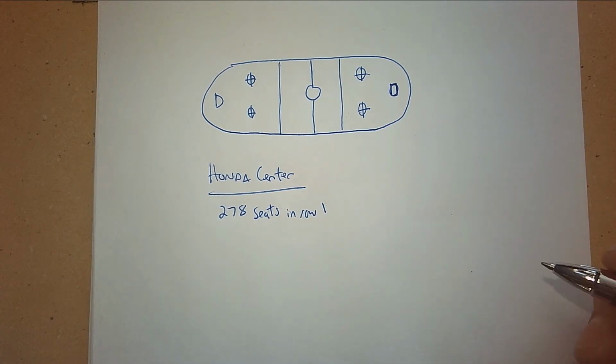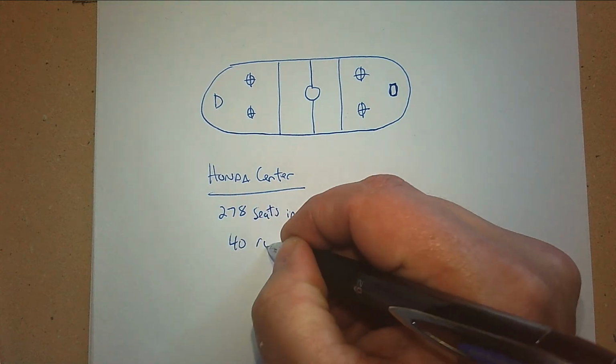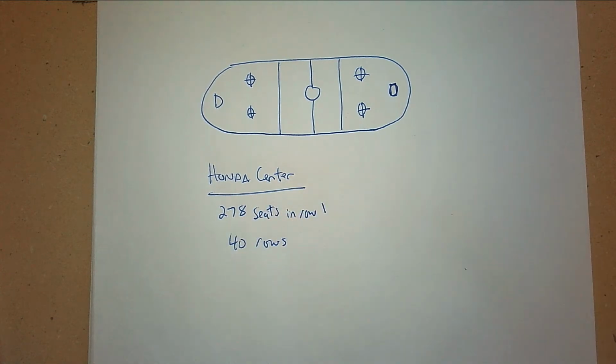The second thing I had to count is how many rows there are to get to the very top of the arena, right? I counted that too. In the Honda Center, there are 40 rows. If you count from right where the ice is all the way up to the very top where the rafters are, there are 40 rows altogether. That's two things I need.